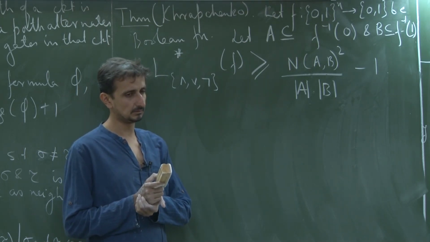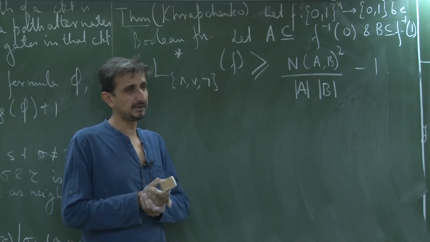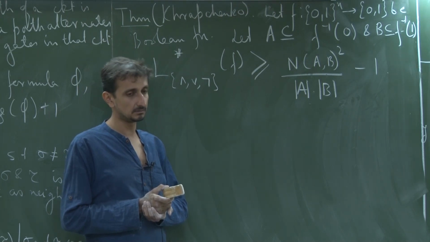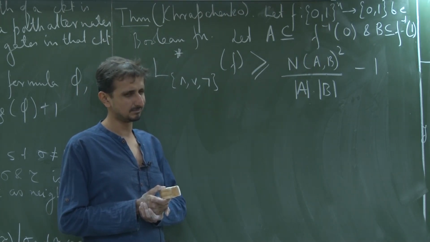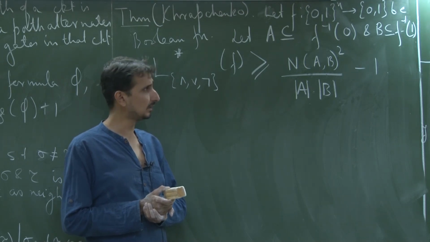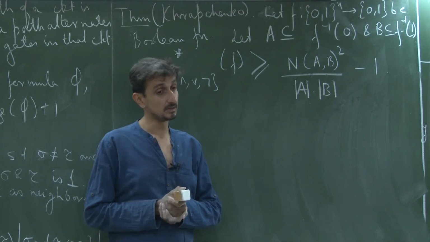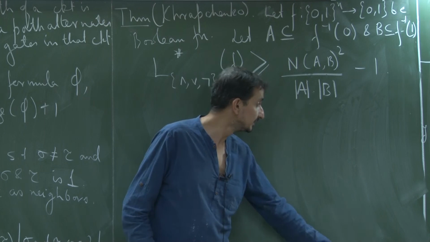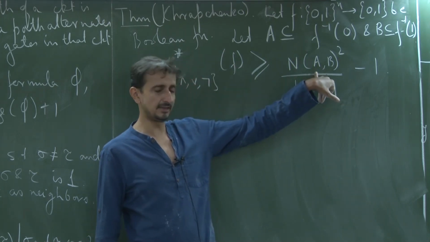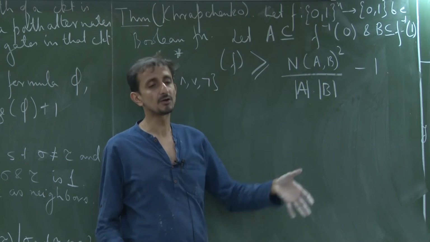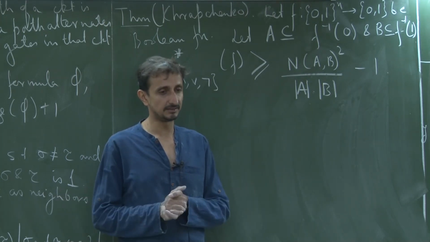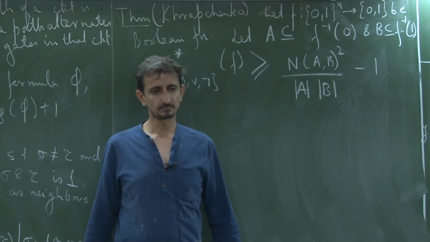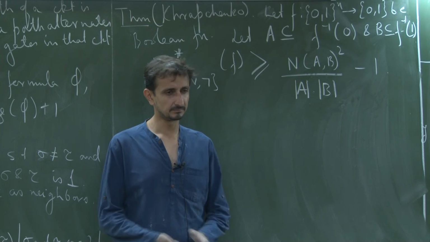It can take a maximum value of cardinality of A times cardinality of B. I am saying that the upper bound will be if I take all elements of A times all elements of B, and all of them are neighbors. That is a trivial upper bound. An element can have more than one neighbor, and many neighbors.